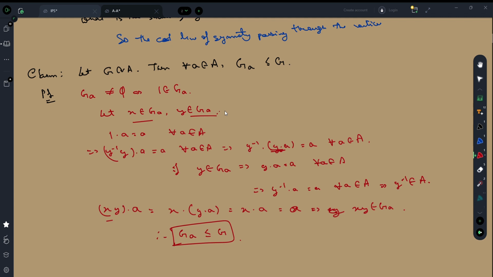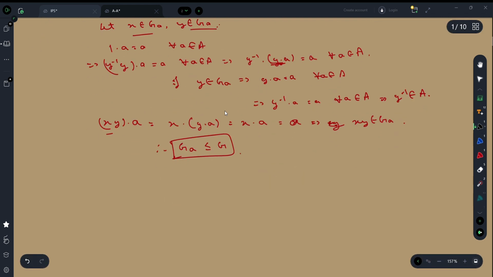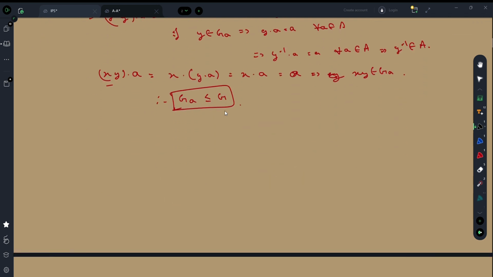Now let's introduce one more such structure. We call it the kernel of a group action. It's kind of similar to the stabilizer.